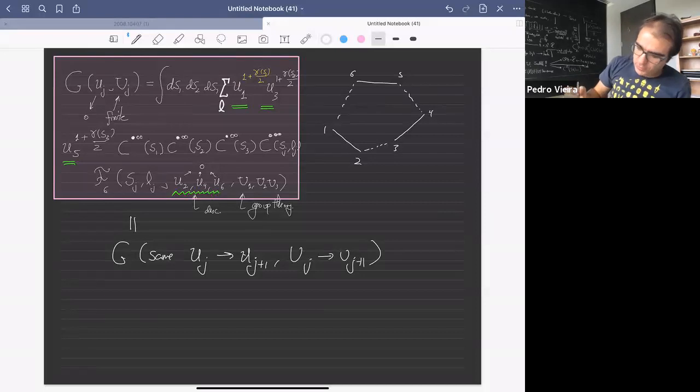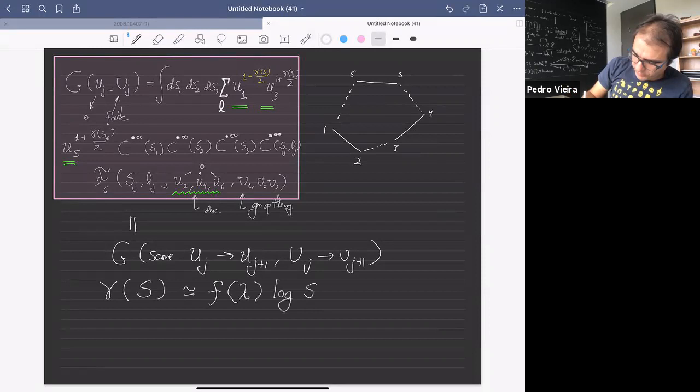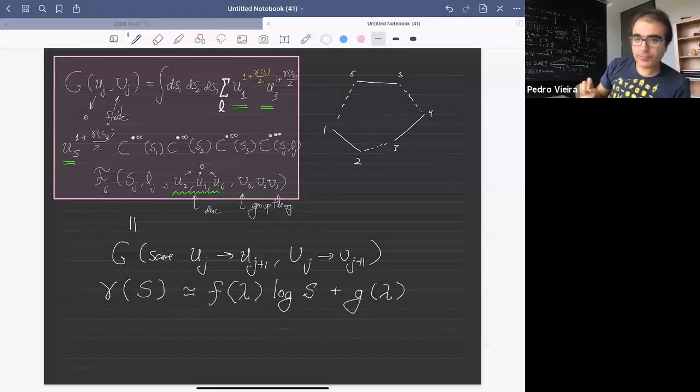Okay, so first, what is the basic input we put in? What do we know about this gamma? We know that gamma for spin, at large spin, behaves like the so-called cusp anomalous dimension times the logarithm of the spin, plus the collinear anomalous dimension g of lambda.